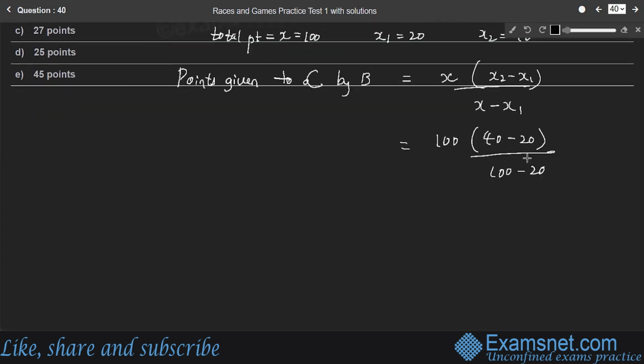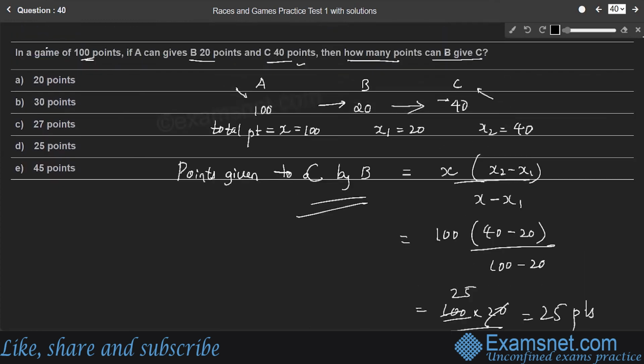Therefore, points given to C is 100 into 20 by 80. Since 20 into 4 is 80 and 4 into 25 is 100, therefore 25 points were given to C by B in the same game. Therefore, option D is the right answer.